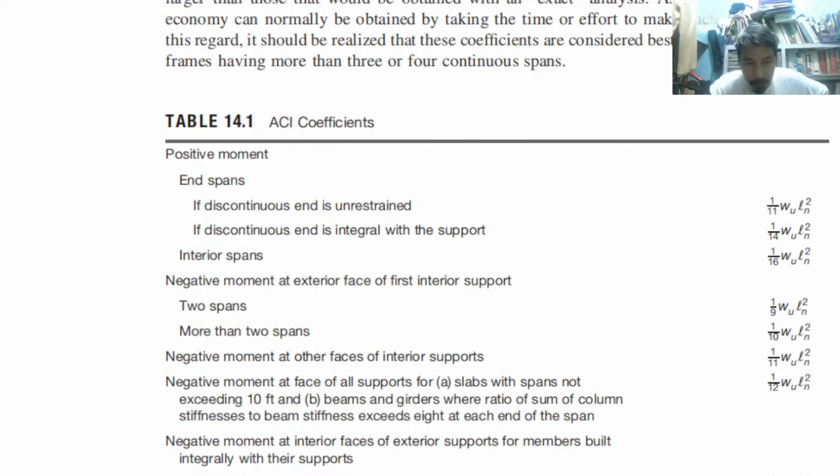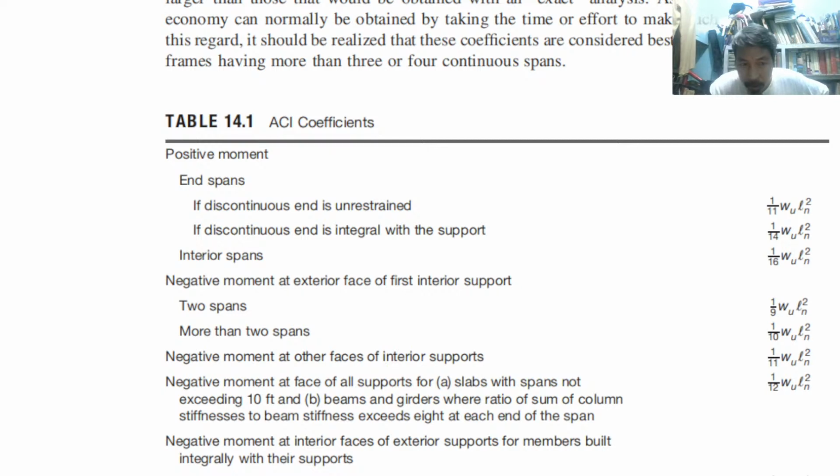Okay, what about shear? There are two conditions of shear. WL over 2 is the magnitude of shear. There are only two coefficients, 1.15 and 1.